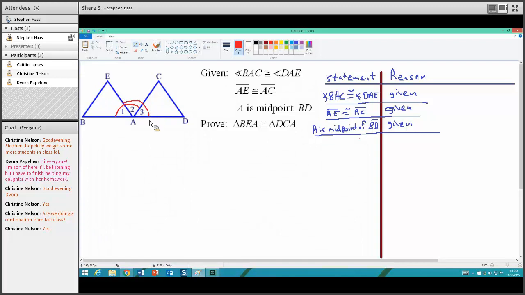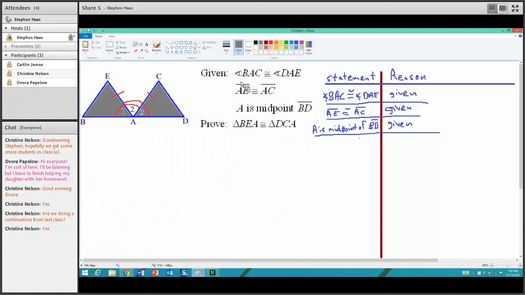AE is congruent to AC. And A is the midpoint of BD. What we have to prove are these two triangles. Let me put them in gray. These are our two triangles that we're going to need to prove congruent.